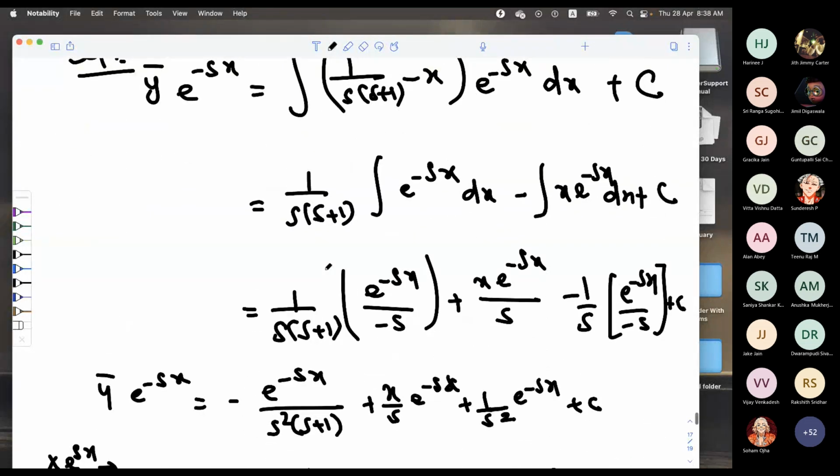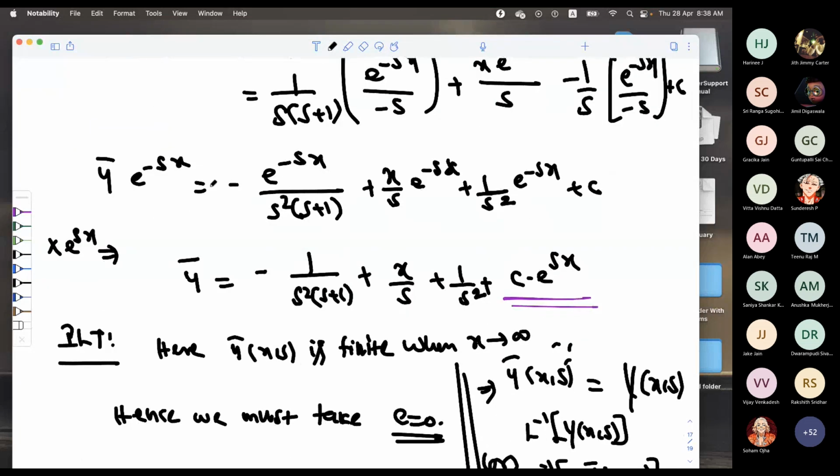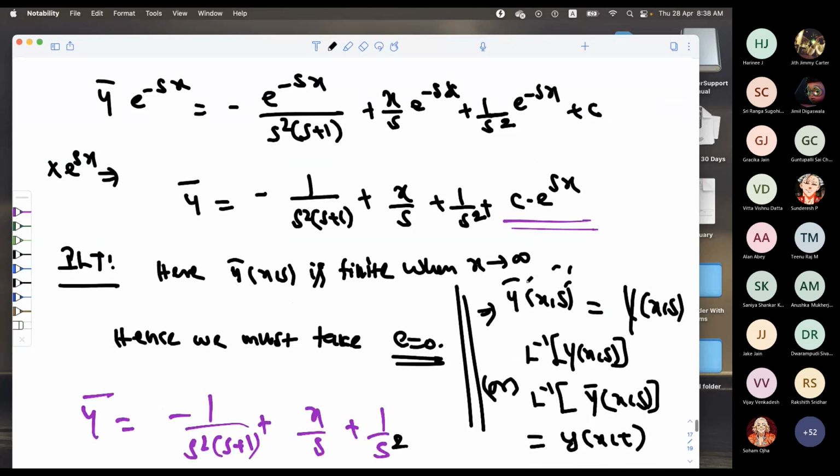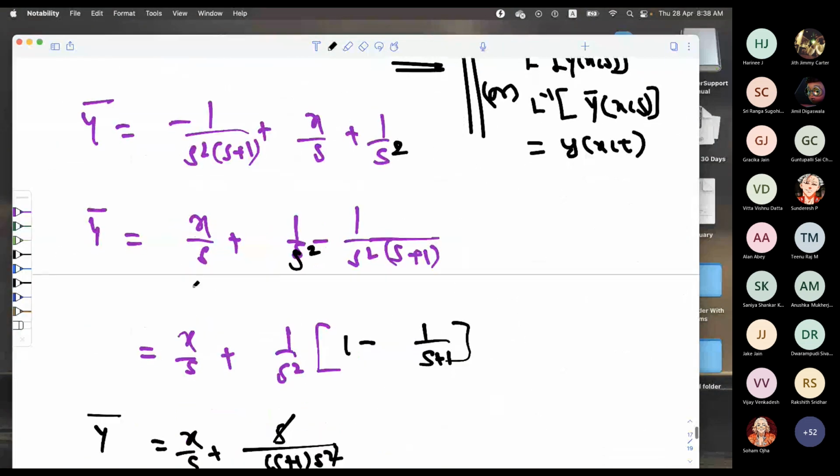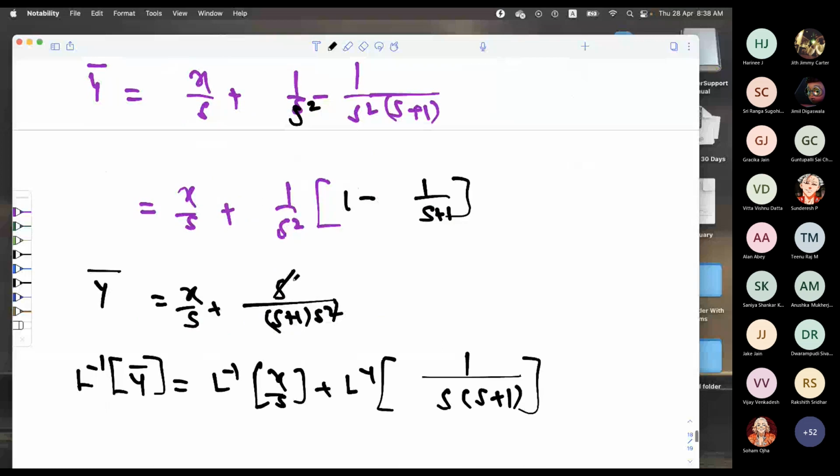Here only one thing: when you multiply by e power sx, when x tends to large, this y bar itself tends to infinity. So we try to make this c as 0. Then for the remaining three terms, apply the inverse Laplace transforms by partial fractions. Then we may get the solution of the system.